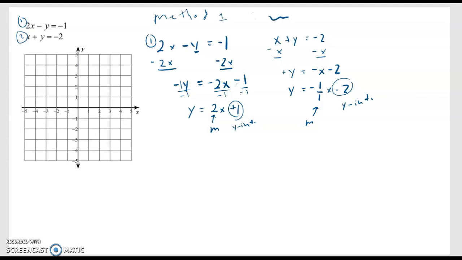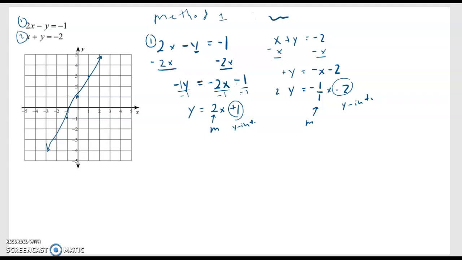So I can graph the equations based on those two. For equation 1, I go to positive 1 on the y-axis, and then up 2, right 1, up 2, right 1, and then down 2, left 1, down 2, left 1. I have a line that looks like that.